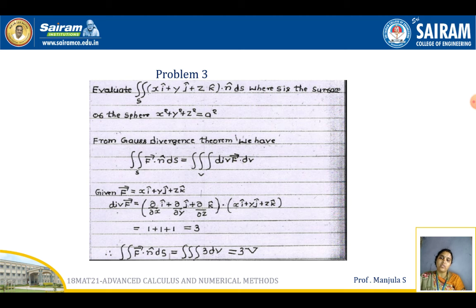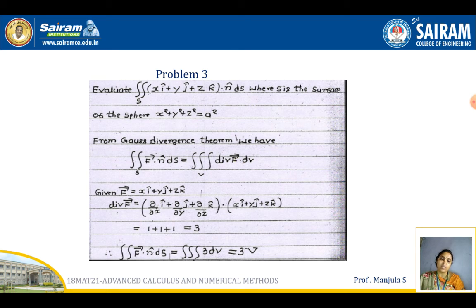So we'll find the divergence of f, that is del dot vector f. Substitute the definition of del, ∂/∂x i cap plus ∂/∂y j cap plus ∂/∂z k cap, dotted with x i plus y j plus z k. On simplification we are getting the solution as just 3.